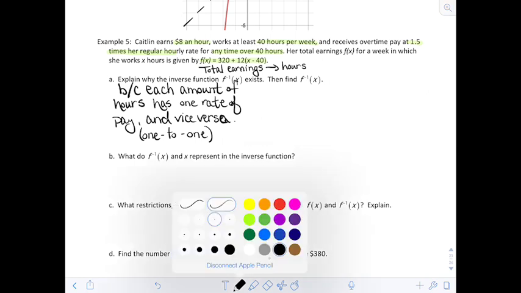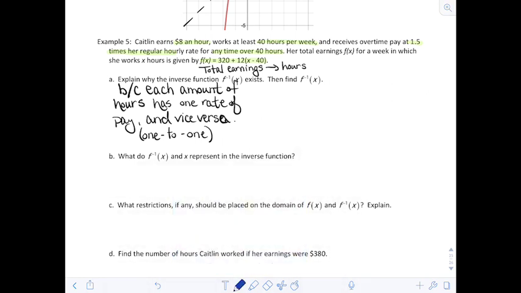Now I'm going to go ahead and rewrite this so maybe we can understand it better as we go. I'm going to let f of x represent earnings, and that is equal to 320 plus 12 times, and I'm going to call that x an h for hours, minus 40. Now to understand this question, if she works 40 hours, that's no overtime.